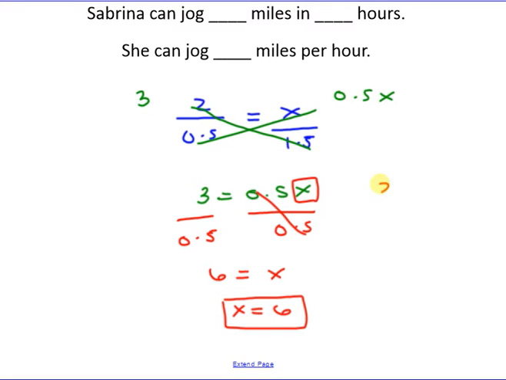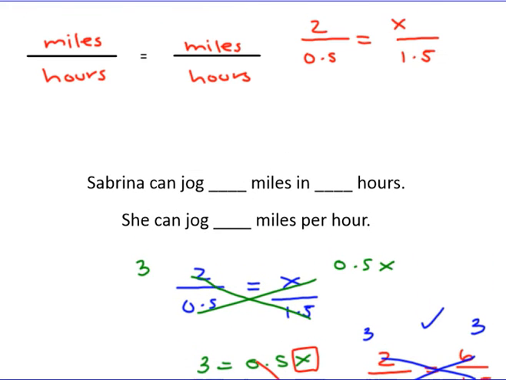All right, let's check our work. 2 over 0.5 equals 6 over 1.5. Let's cross multiply. 0.5 times 6 equals 3. 1.5 times 2 equals 3. So those check out. So this is going to be 6 right here.